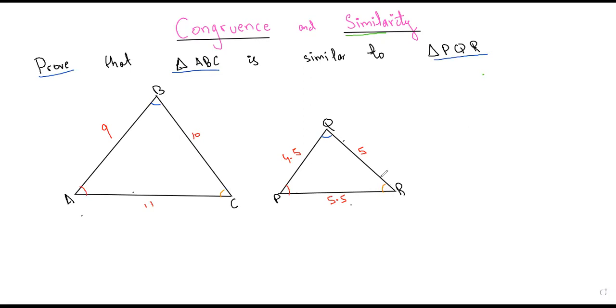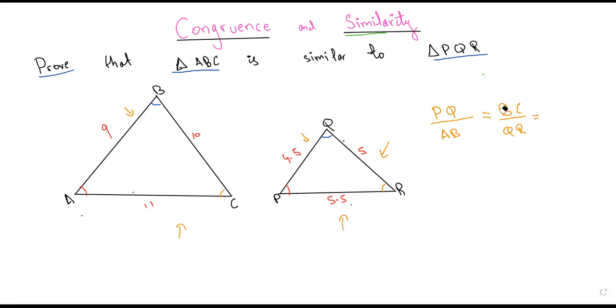So that's useless. In order to prove that both of these triangles are similar, I will use these sides, and the proportion, the ratio of all the sides should be same. That is PQ divided by AB. This is PQ. This is the corresponding side on the bigger triangle, that is AB. This should be equal to BC divided by the corresponding side on this triangle, that is QR. And the third side is AC on the bigger one and PR on the smaller one, right?